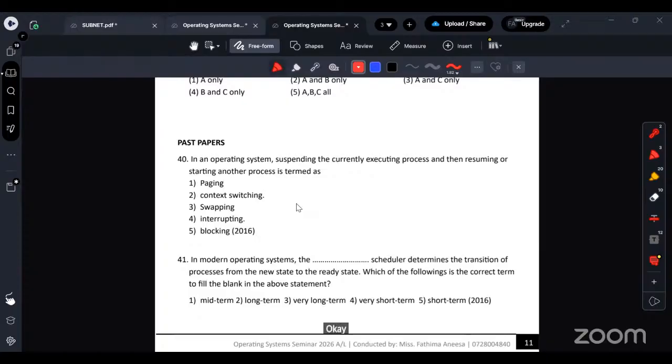Okay, we will do past papers. I think that is better than others. From 2016 onwards, right? Try this question.